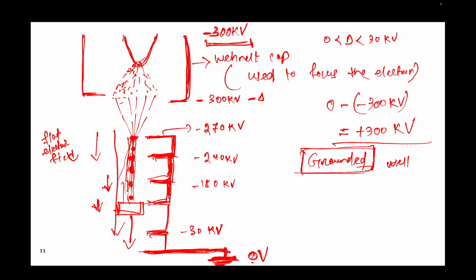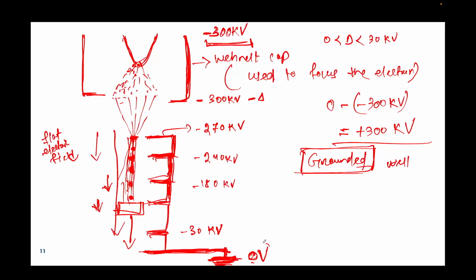At some point we may have heard that there is some issue with the earthing, and that is why we are not able to open the electron microscope. Why? Because this microscope is entirely connected in a circuit where the last point is grounded.